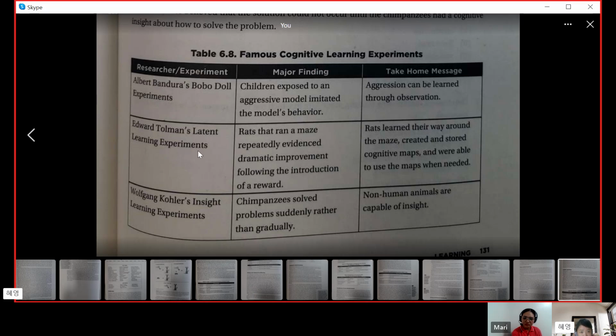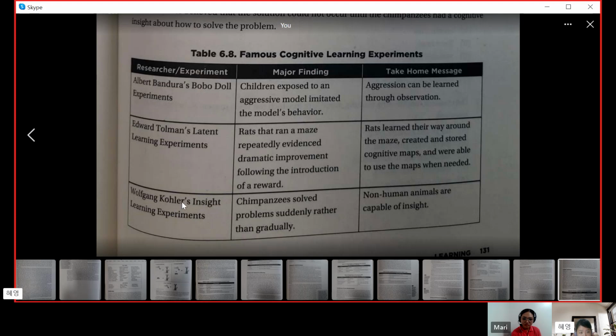In Tolman's experiment, rats ran a maze repeatedly, evidencing dramatic improvement following the introduction of a reward. So rats learned their way around the maze, created and stored a cognitive map, and were able to use the map when needed.